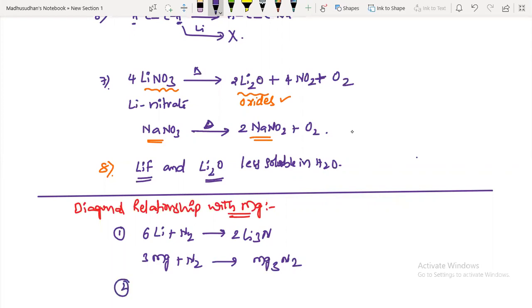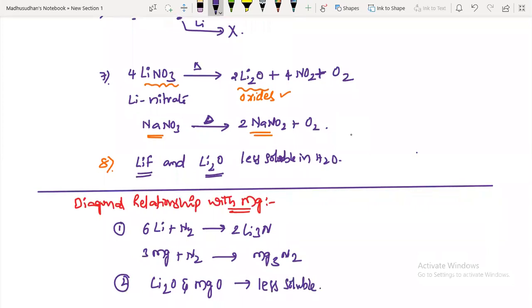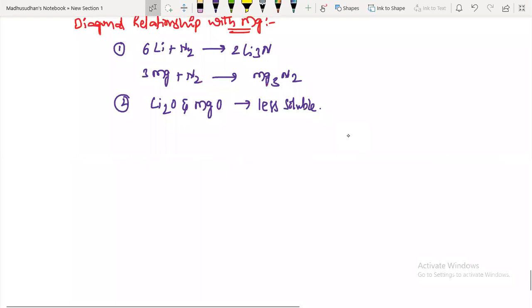Second point is both oxides, lithium oxide and magnesium oxide, are less soluble. Due to the diagonal relationship only, it is happening. Both of them are less soluble. Next, third point.